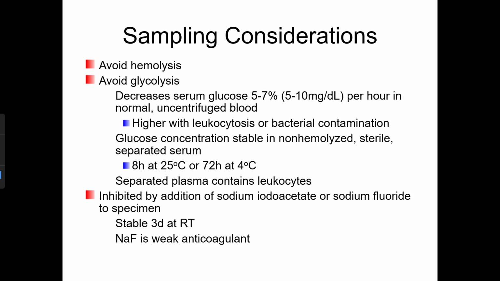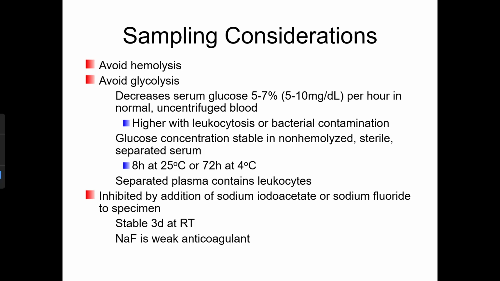If you have cells that are still active in that sample and mixing with the plasma or the serum, then those cells are going to do their metabolic processes and still undergo cellular respiration just as if they were in your body. So they're going to be consuming glucose. That could lead to falsely decreased levels of glucose in the blood, because they're pumping that in and decreasing your blood glucose.